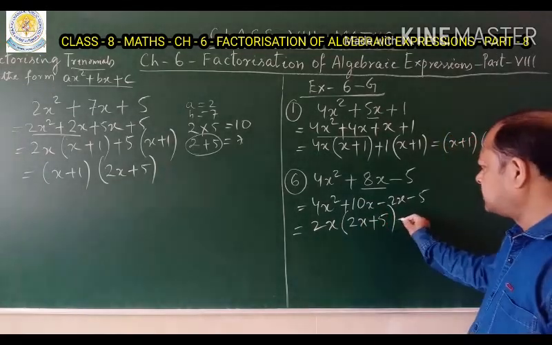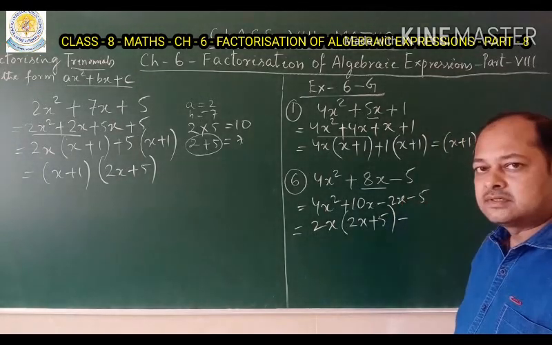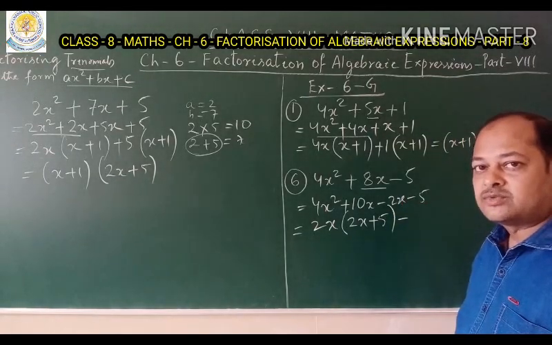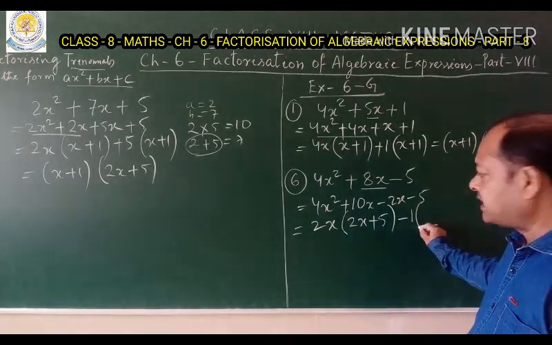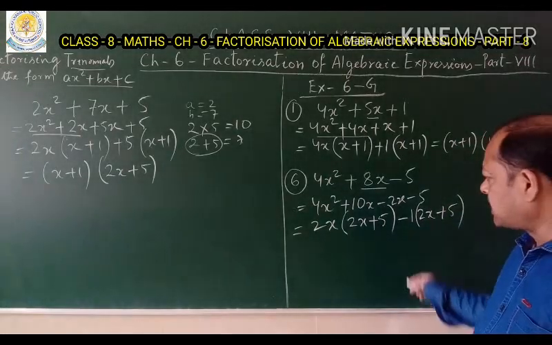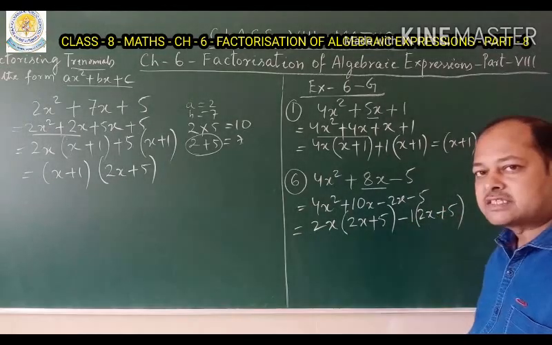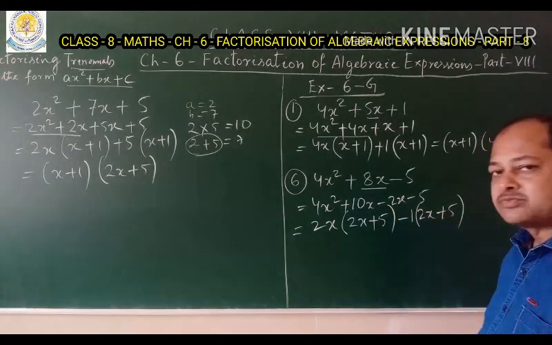Then take minus, write the minus sign. From 2x and 5, is anything common? That is only 1. So write here 1. Inside the bracket, what to write? 2x plus 5, because if you multiply minus 1 with 2x plus 5, you will get minus 2x minus 5.